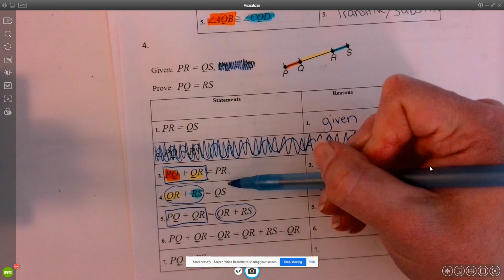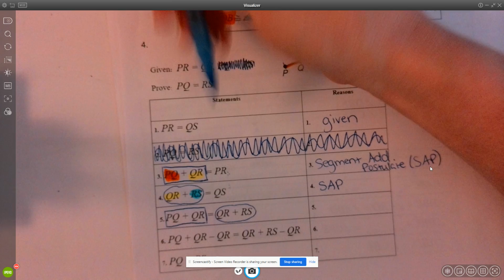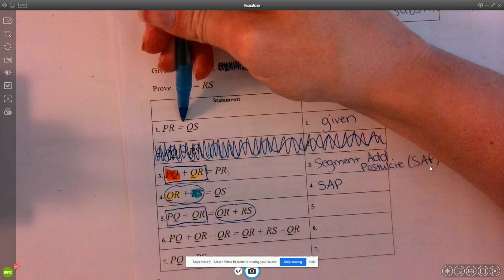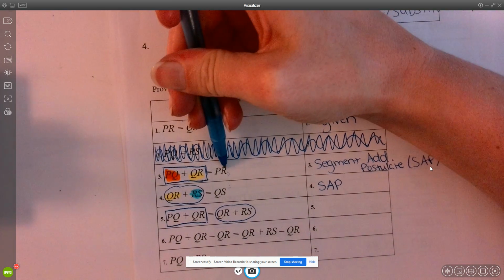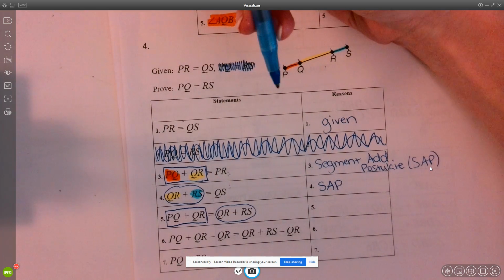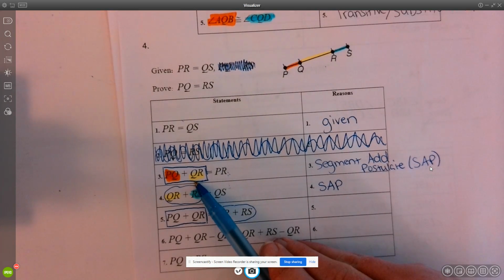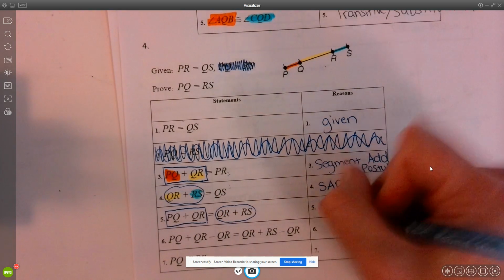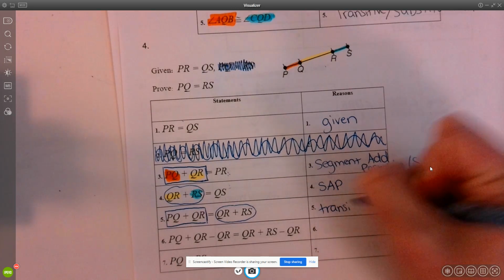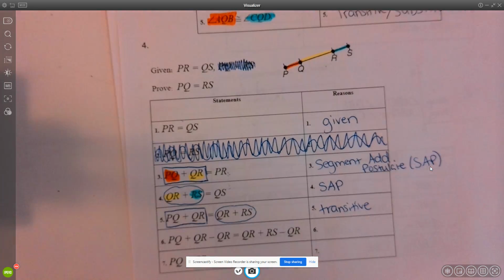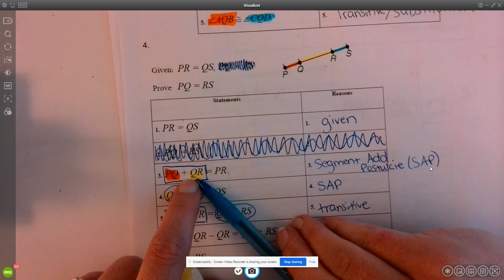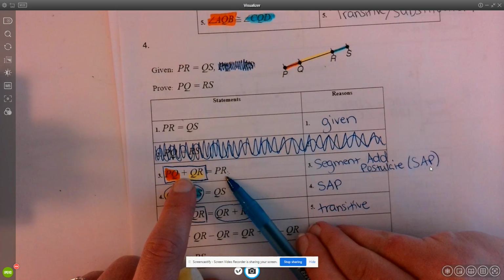Well, if you notice, these two lengths, it was given to us that they were equal. PR equals QS. So if these both equal PR and QS, they have to equal each other. Right? So you could think of this as the transitive property. Or some people think of it like this. I know that PQ plus QR equals PR.